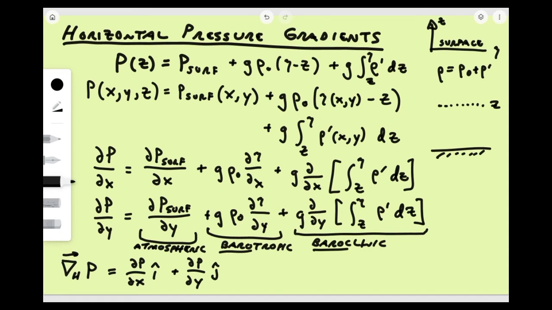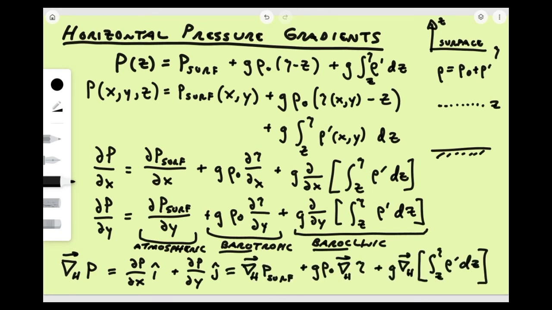The first term is going to give us the horizontal gradient of surface pressure. The second term is proportional to the horizontal gradient of sea level. And the third term is proportional to the horizontal gradient of the integrated density variations. So I can write that as this. And now we have all the terms.